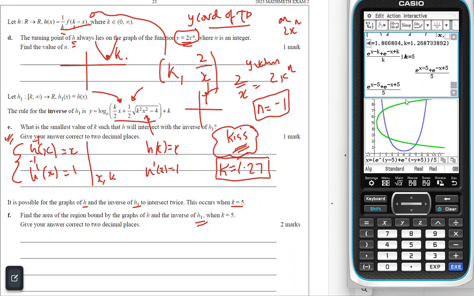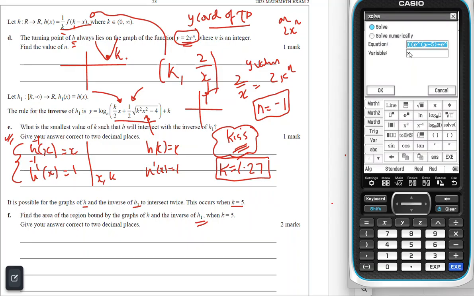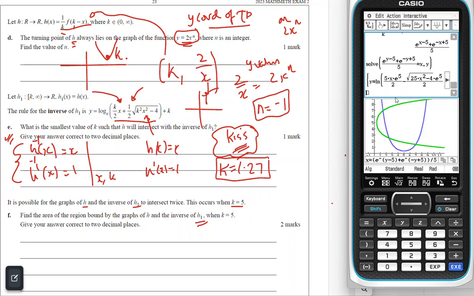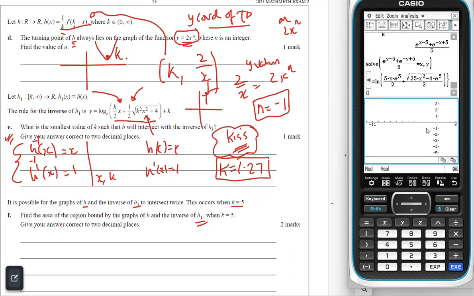Let's take this, let that be Y, let that be Y, all that equal to X, and solve for Y. And I want the positive square root, not the negative square root, because I want the inverse of H1, which is the top one. So if I take this and drag and drop that, beautiful.